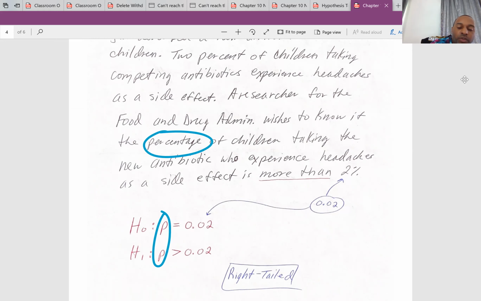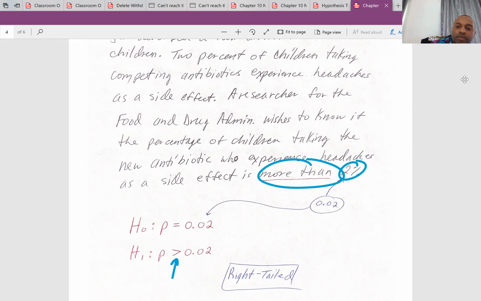Once again, the null hypothesis will always have equal, and the alternative has more than, greater than, and 2% is the value that we're comparing. Notice those are the same here. So you have P equal to 2%, P more than or greater than 2%. And because it's greater than, it means it's right tail.